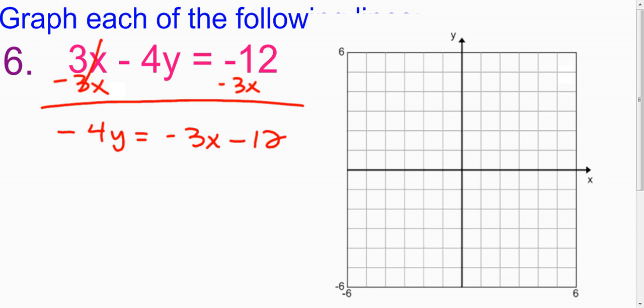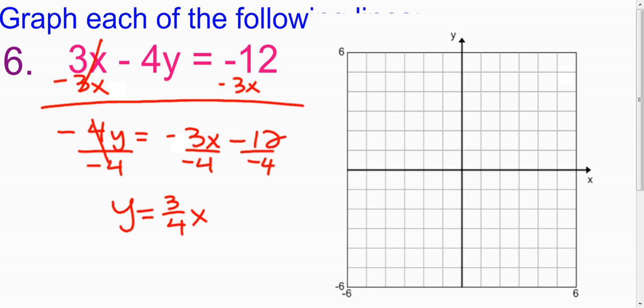I can't combine an x with something that doesn't have an x. And then I will divide every single thing by negative 4 so that I get y equals a negative divided by a negative, 3 divided by negative 4 becomes positive 3/4. And negative 12 divided by negative 4 becomes positive 3. So here's my equation in y equals mx plus b form.